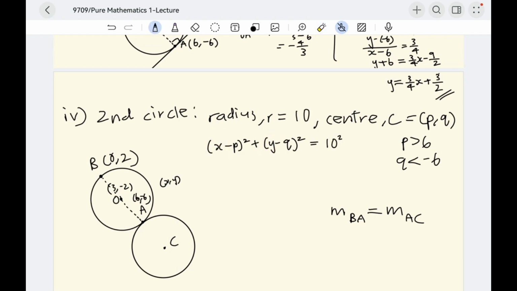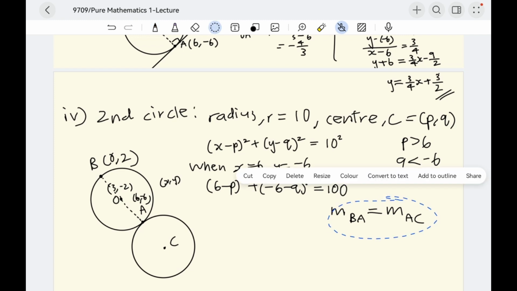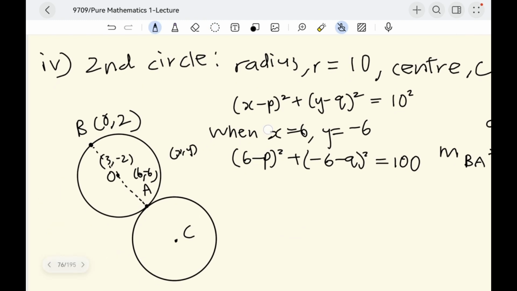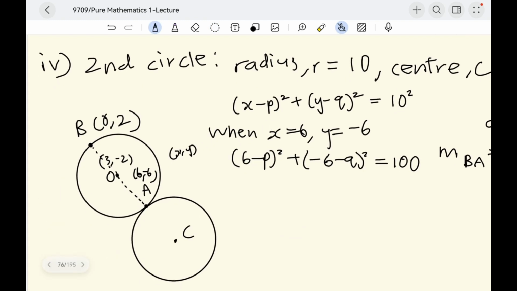Okay, what I have is, given that the point A intersects with the second circle and the first circle simultaneously, so you must let x equal 6, y equal negative 6, so what I have is (6 minus p) squared plus (negative 6 minus q) squared equals 100. Okay, since 10 squared is 100, this one I will use later. So expand and simplify into the general form of the equation of a circle.